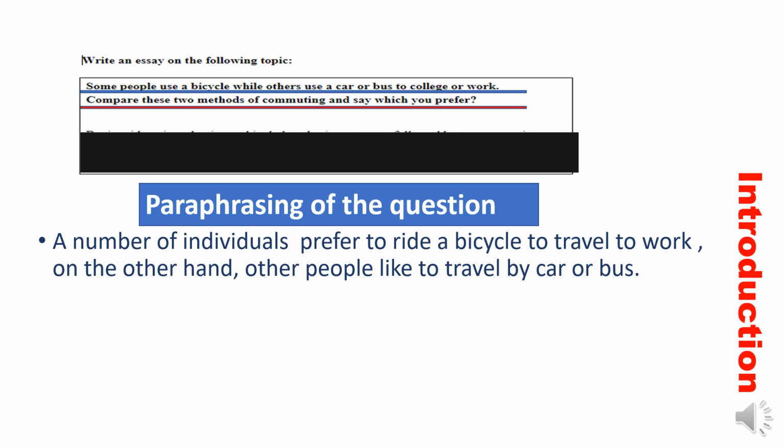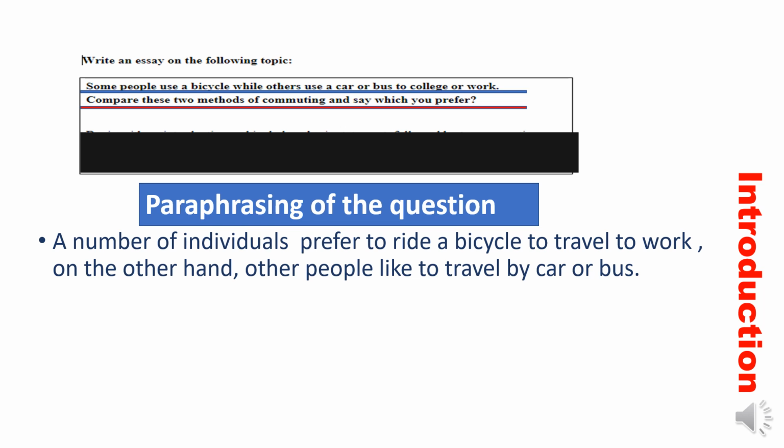For example, instead of some people, I used individuals. Instead of while, I used on the other hand. Instead of use a car, I said travel to work. So this is how you can paraphrase the question, and you would say some people like this, whereas other people like this.